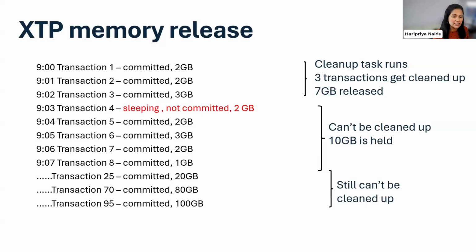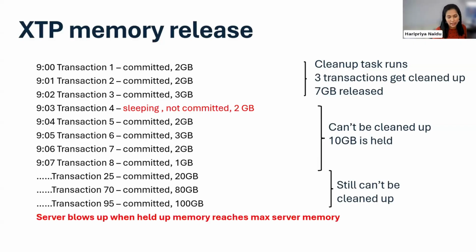Until that sleeping transaction 4 is addressed, none of these other transactions' memory can be released. After a few hours, you will see all that 100 gig, or whatever your server memory is, all of that will be consumed, and that will blow up the server.